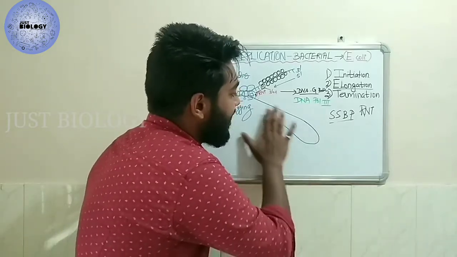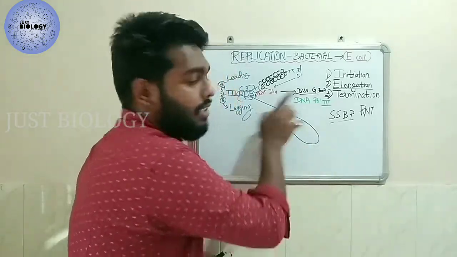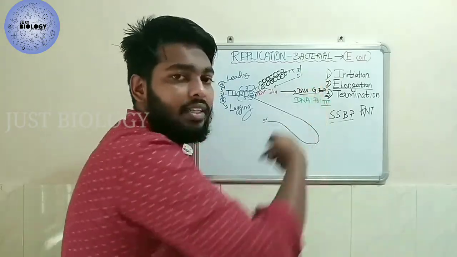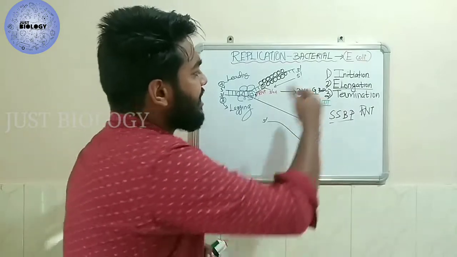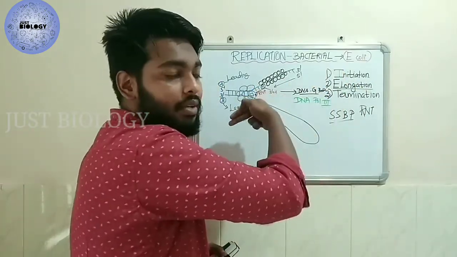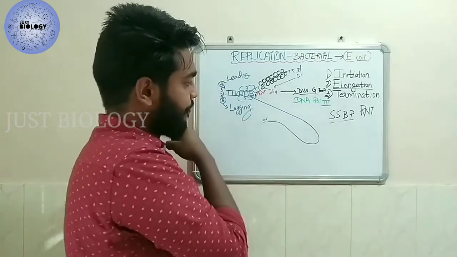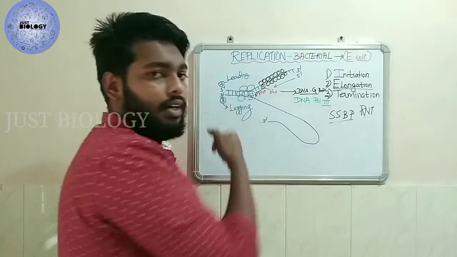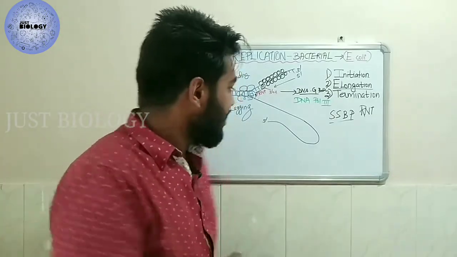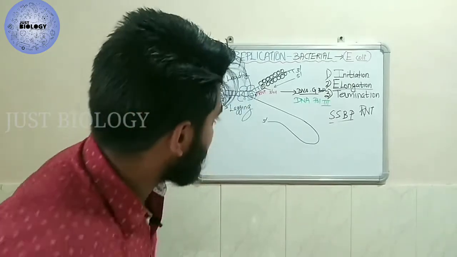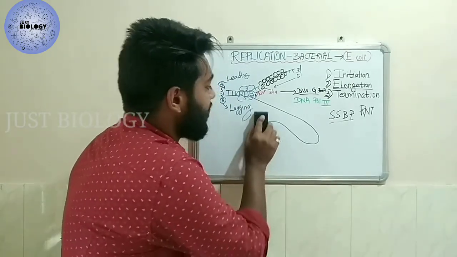This DNA strand will be turned to equalize the two directionalities, because the enzyme cannot drive through this direction. One is 5' to 3', this is 3' to 5'. So they cannot drive along with the DNA polymerase, so they will make it turn.